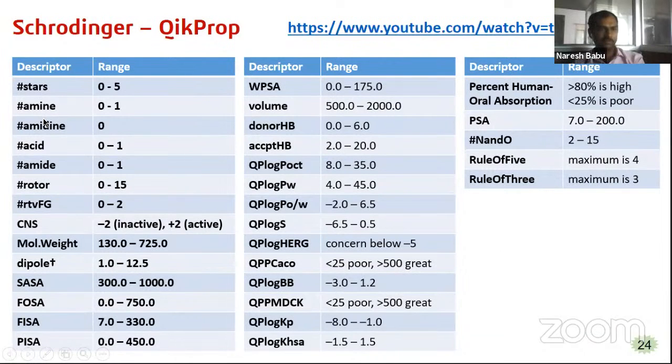These are the properties you can observe in QikProp: number of amines, amidine ring, acids, amide, number of rotatable bonds, and CNS activity, molecular weight, dipole moment, and SASA, that is total solvent accessible surface area, and FOSA, that is the hydrophobic component of the SASA, and FISA, that is the hydrophilic component of the SASA, and PISA, that is the pi component, carbon double bond related, of the SASA.